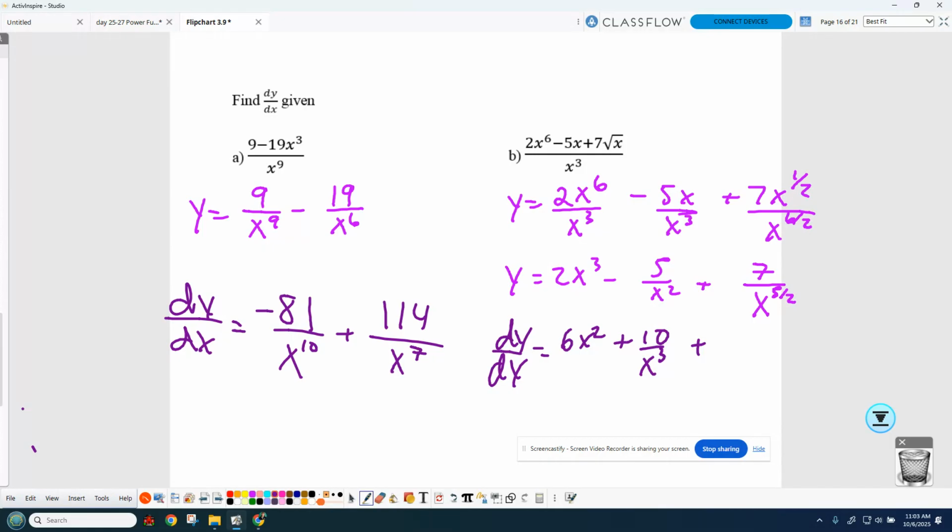And this one, 7 times 5 halves. Lower the power. Wouldn't it be minus, not plus? Yes. Okay. Questions about the test that you guys got back?